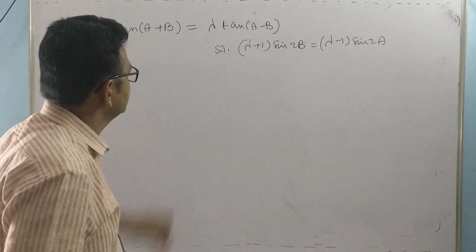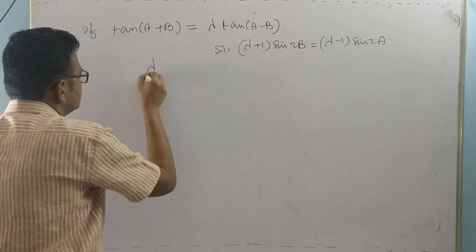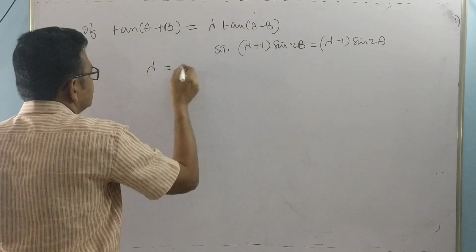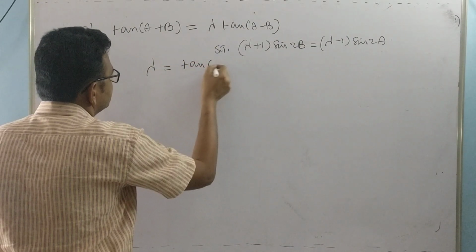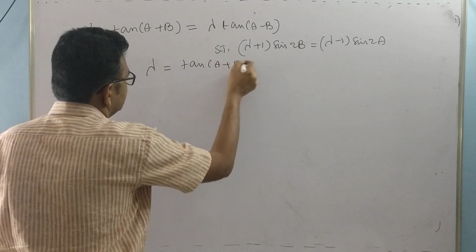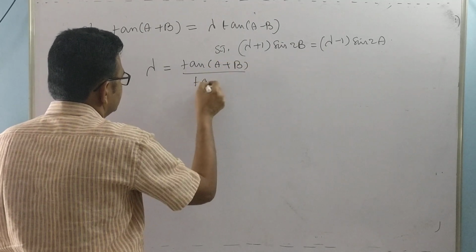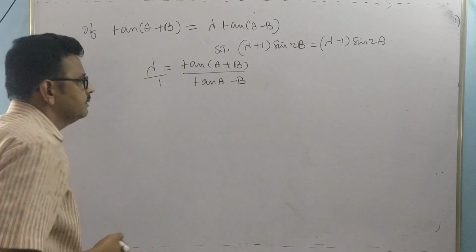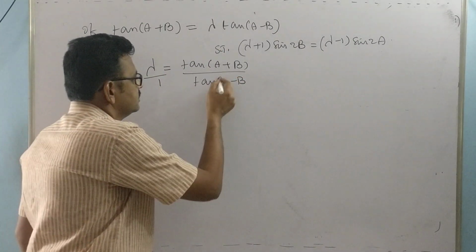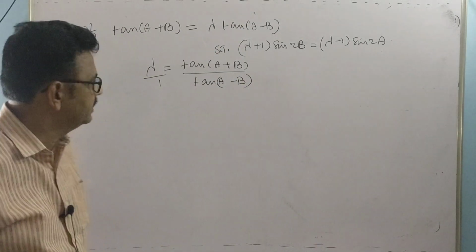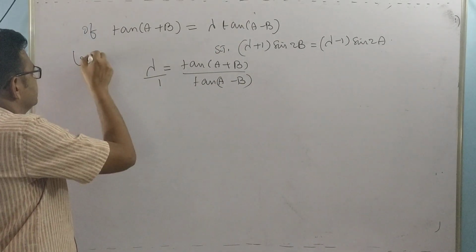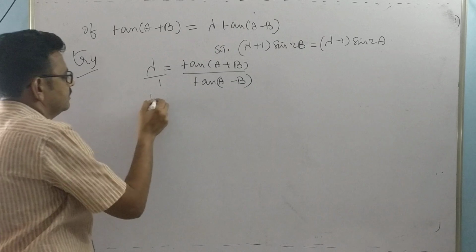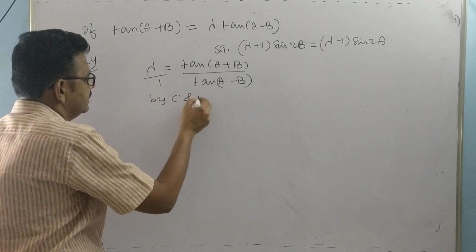So by applying the same, lambda is equal to tan of (a plus b) by tan of (a minus b). Lambda means lambda by 1. Now this also by applying componendo dividendo. Just try this sum by componendo and dividendo.